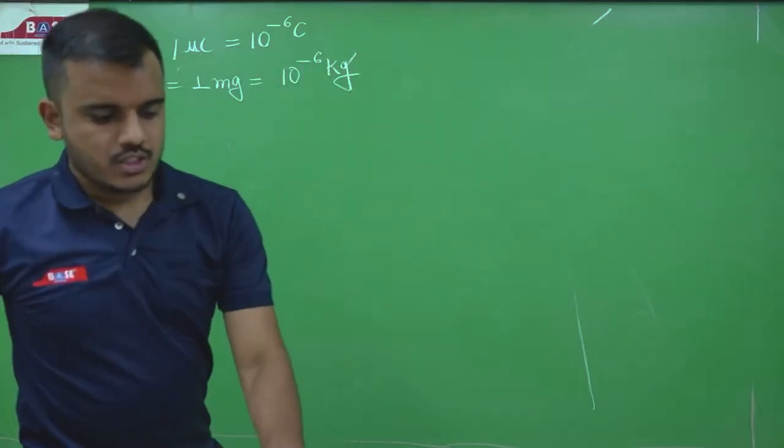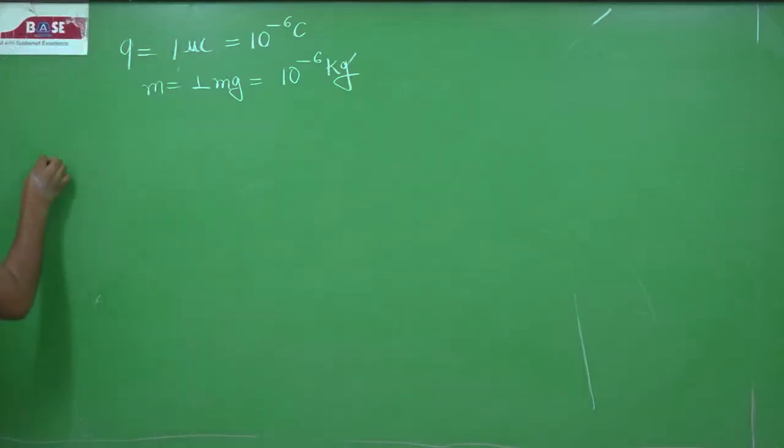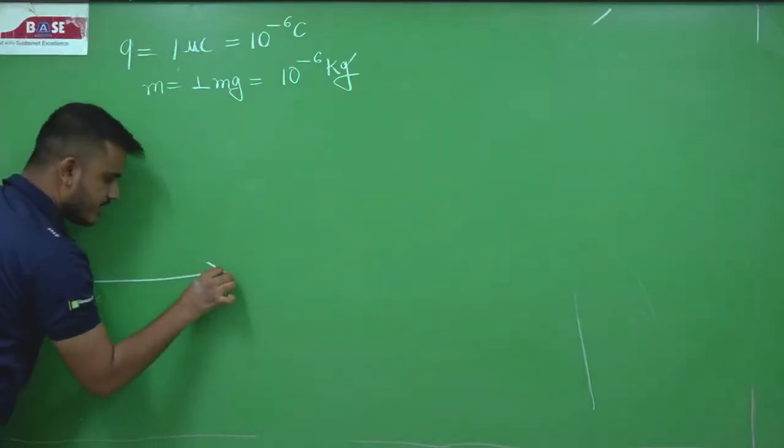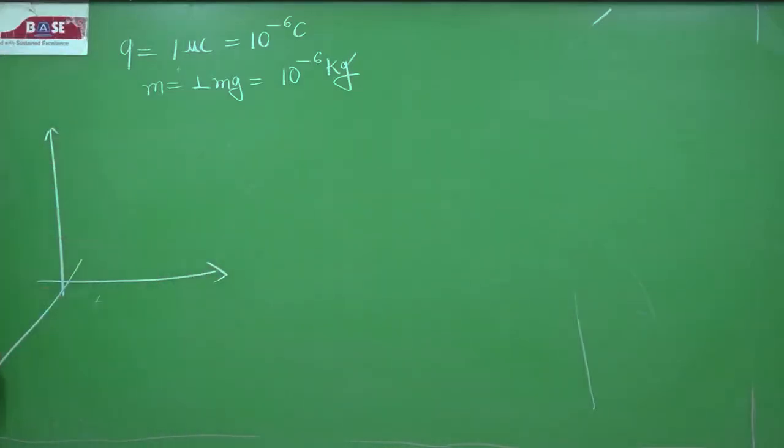Okay. So the particle is here, and let's say this is the x-axis, this is the y-axis, and this is the z-axis, and the particle is entering perpendicular to the xz plane. So here is the xz plane.